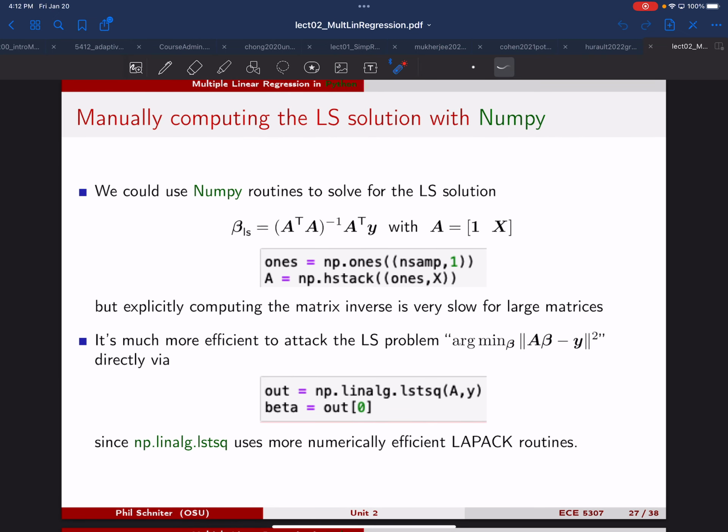So again, one option is to use NumPy. NumPy is like the numerical computing package within Python. And so it is possible to compute this beta least squares using this equation.